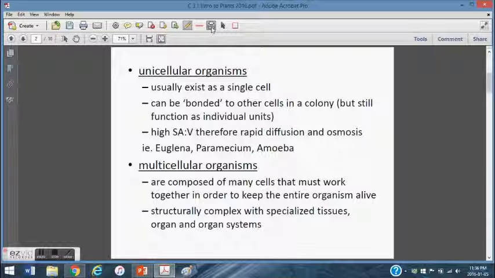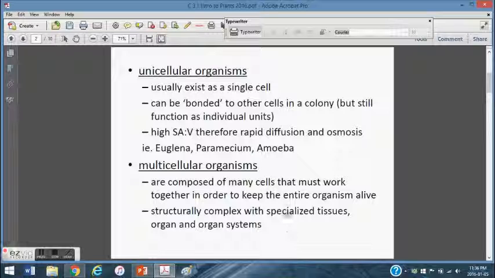Example of some of these specialized tissues could be, we could be talking about heart muscle tissue, or heart valve tissue.